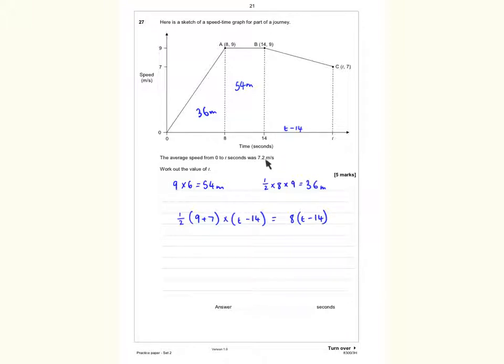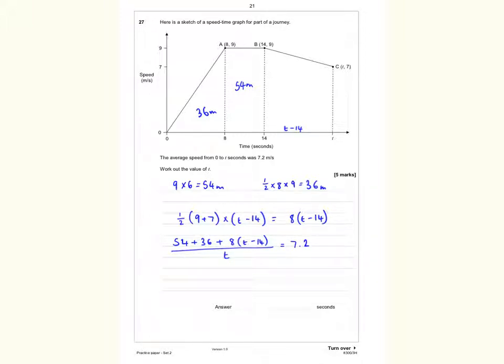So that gives me an equation: 54, add 36, add 8 times (t take away 14), and divide that by time. The time for this entire part of the journey is t, so divide all of that by t, the average speed from 0 to t, and you will get 7.2.